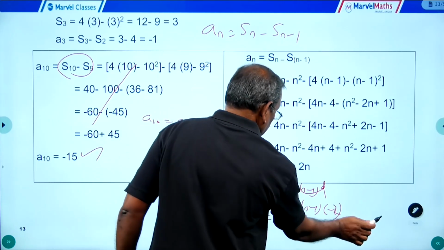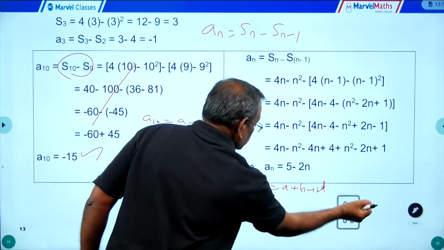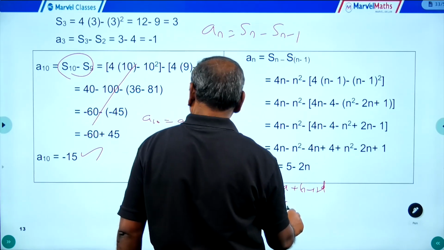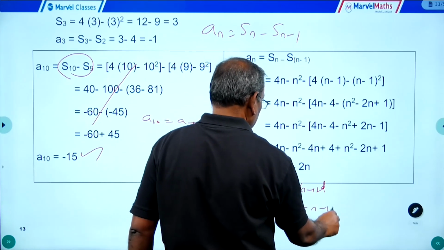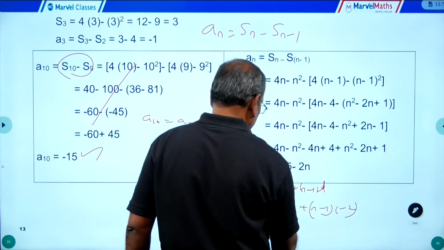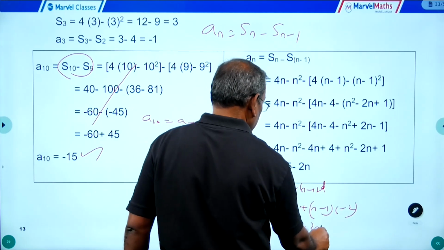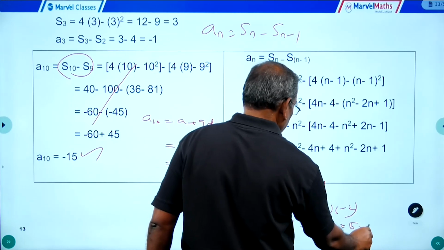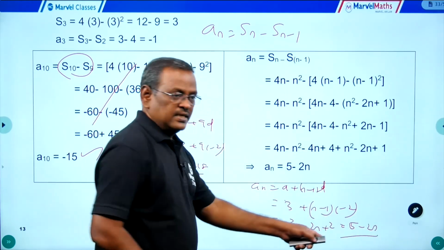So An equal to 3 plus n minus 1 into minus 2, which is equal to 3 minus 2n plus 2, 5 minus 2n. You can verify whether it is correct or not.